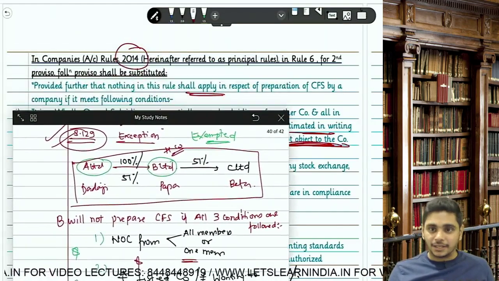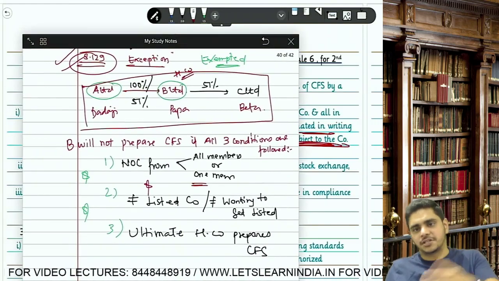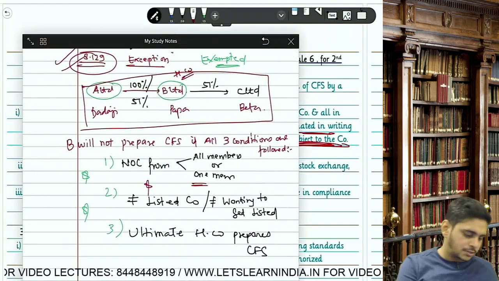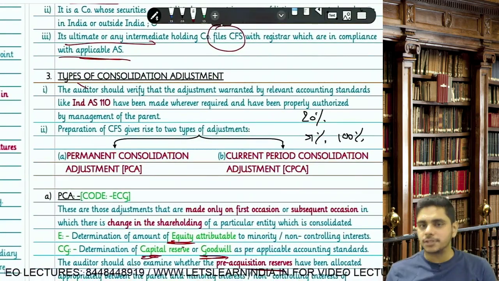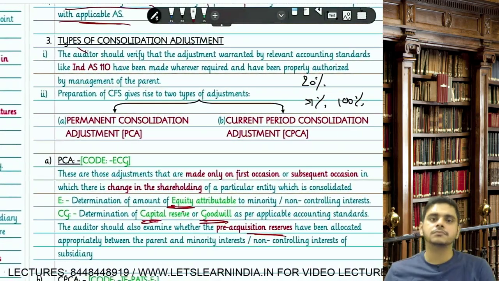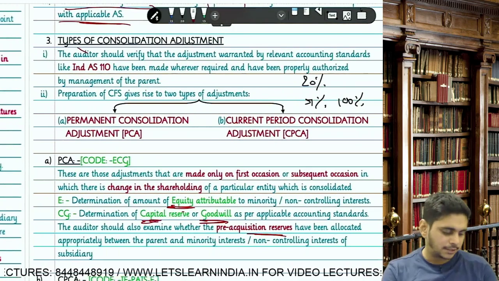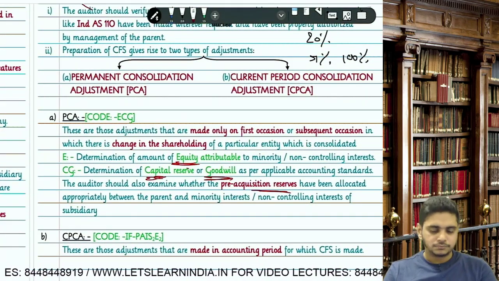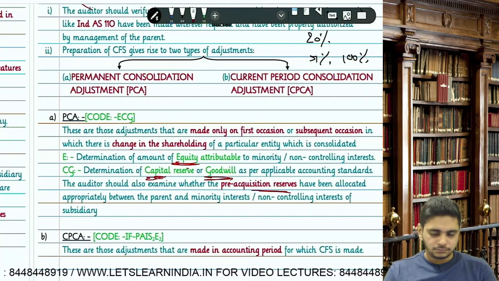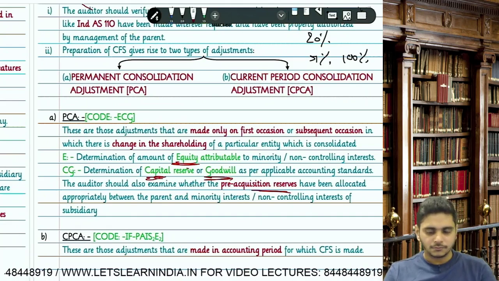Question number 3. NOC means no objection certificate. Okay. Question number 3: explain types of consolidation adjustments. Right there.